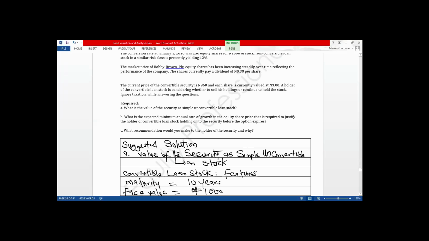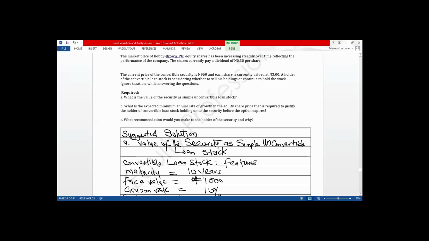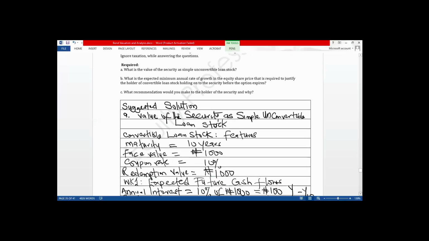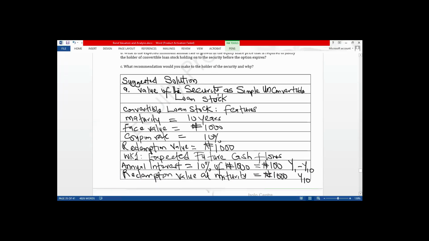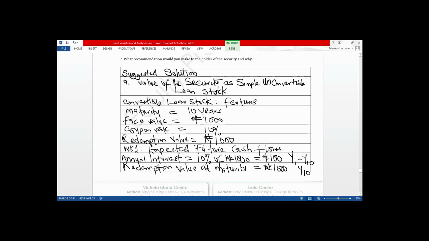I hope that point is clear. Alternative 2 will only be reasonable if we have a guarantee that the share price of Bobby Brown will grow at the rate of 15% per annum. That is the minimum expected growth rate that was computed in B.